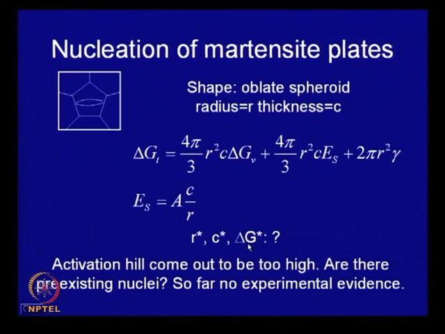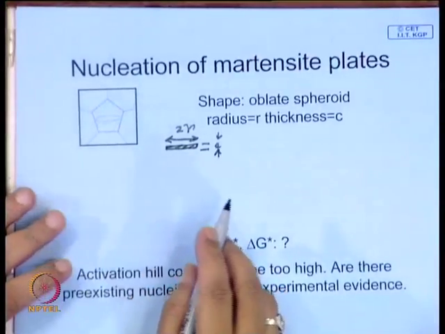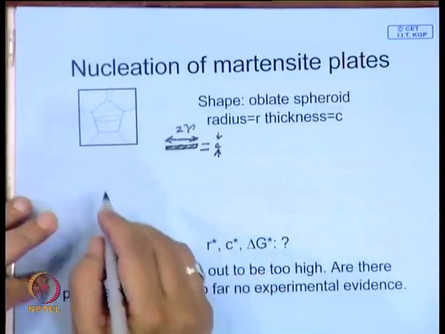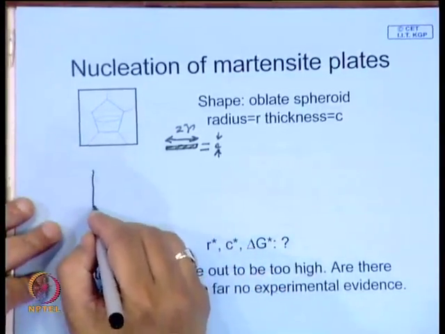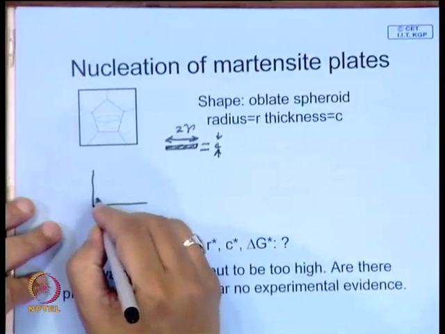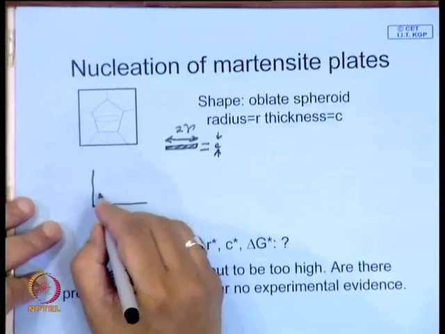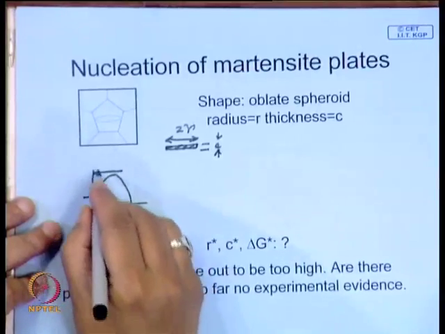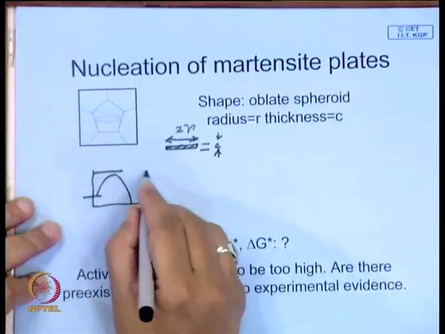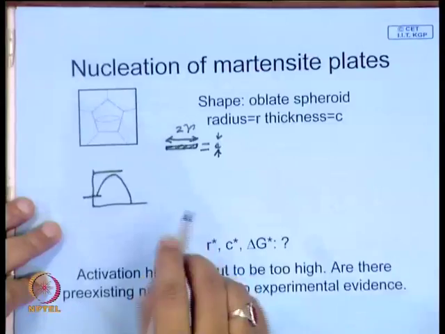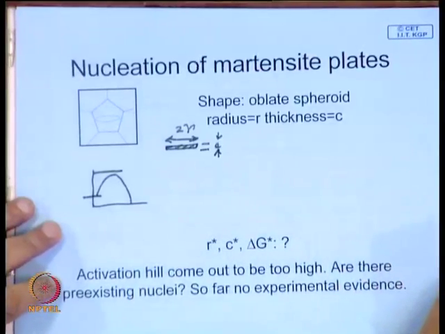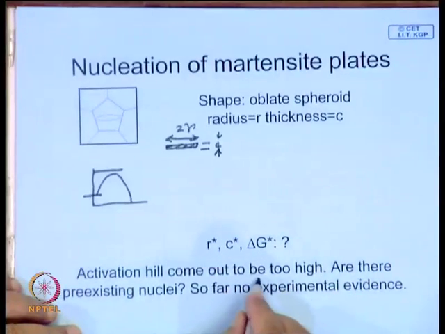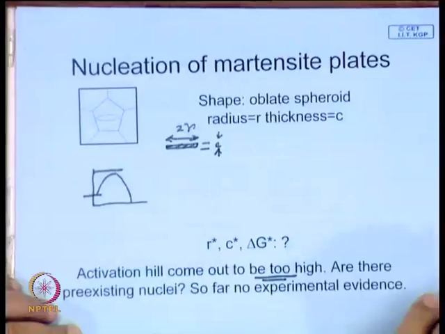Now, if you substitute the values, I have left it to you to derive this expression, and if you find this out, there will be an activation hill. So you have an activation hill which must be overcome for the martensite transformation to take place, and people have calculated this activation hill comes out to be too high.